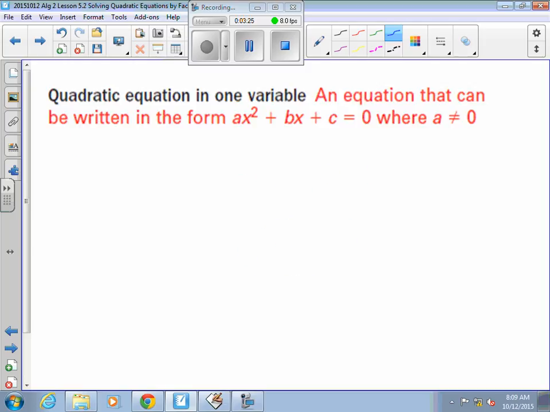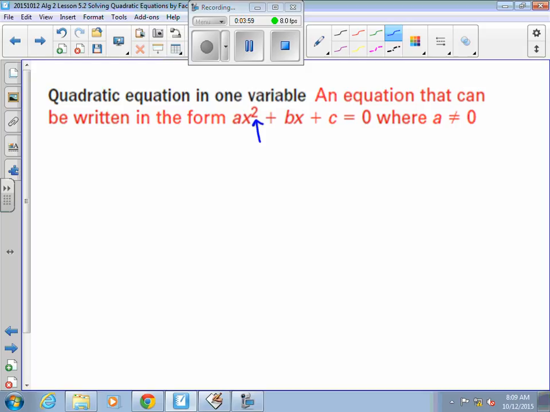A quadratic equation in one variable. Remember, something is a quadratic equation when it says x squared in it. In Algebra 1, you focused primarily on linear equations, x to the first power. In Algebra 2, you focus primarily on quadratic equations, x squared. That's the difference between Algebra 1 and Algebra 2. It has one variable because, as you can see, there's only one letter up there.